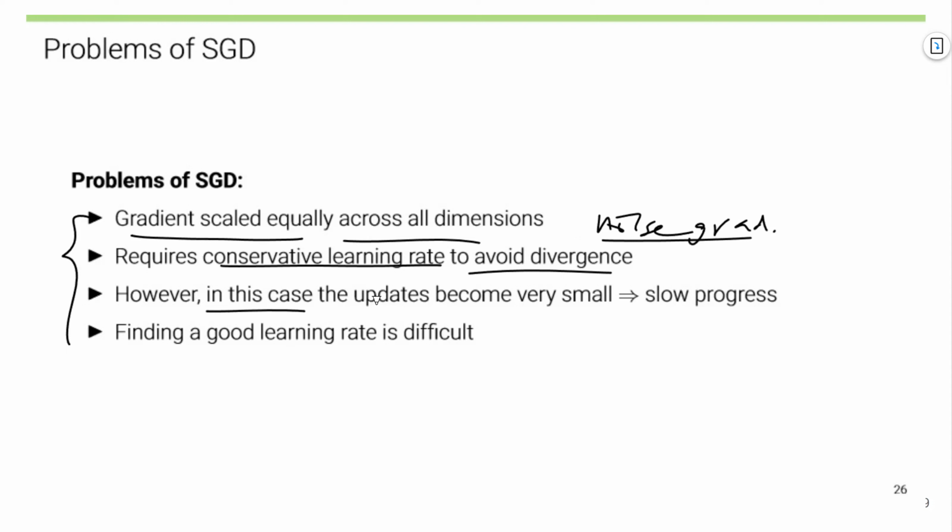However, in this case, the updates become very small, meaning that we will end up with slow progress. And finding a good learning rate is difficult. We are going to talk about how we can choose a good learning rate in more detail in the following slides.